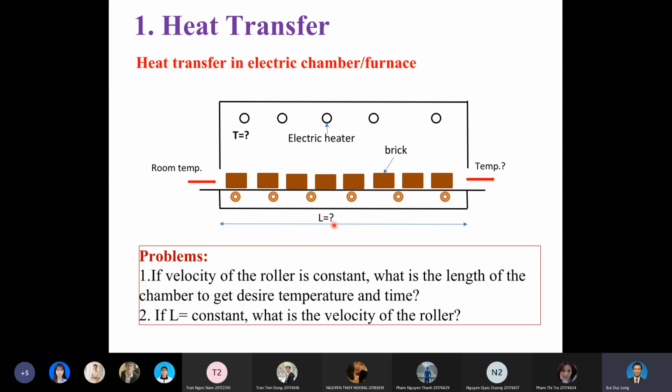So the length is related to the velocity of movement, the temperature, and the time. We have to optimize all these parameters. If the length is constant, what velocity of roller should be applied, what is the temperature, and so on. We have to consider that.